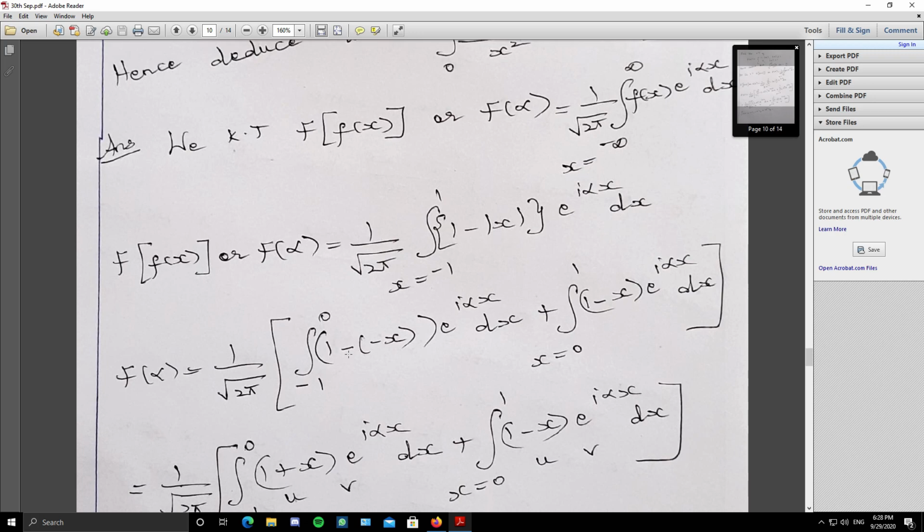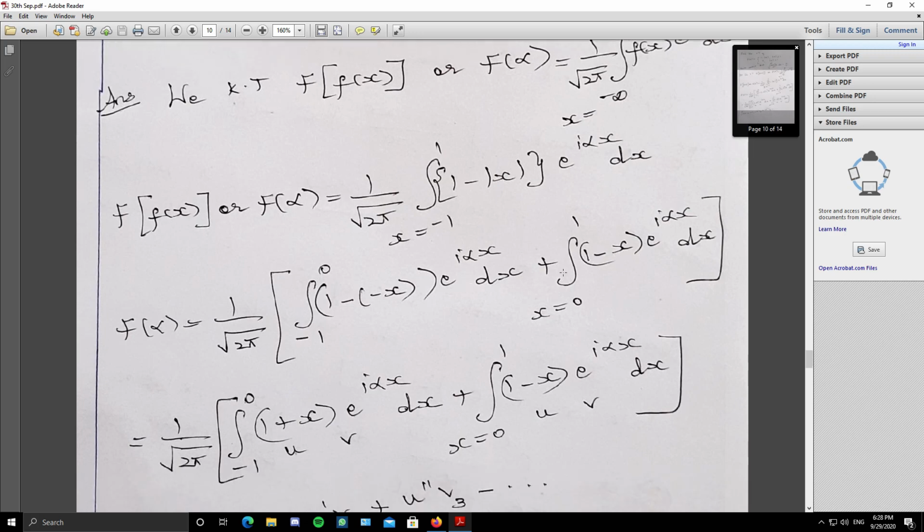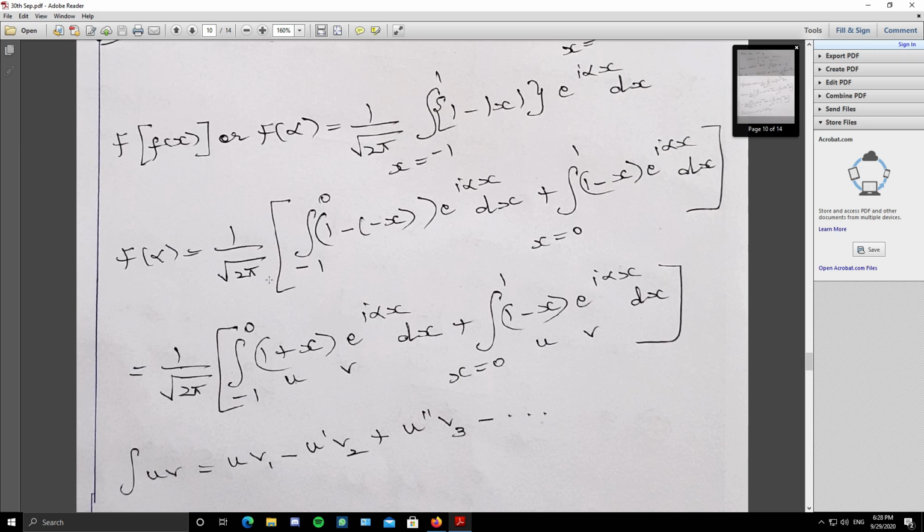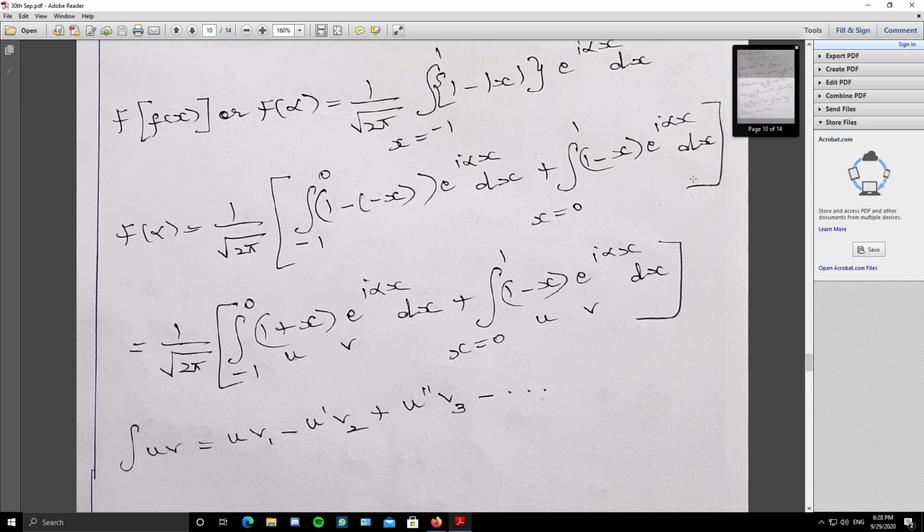So minus 1 to 0, 1 minus of minus x; here 0 to 1, 1 minus mod x is 1 minus x. That is what is written here. So in the next step, 1 by root of 2 pi integral minus 1 to 0, 1 plus x e power i alpha x dx plus integral 0 to 1, 1 minus x e power i alpha x dx.